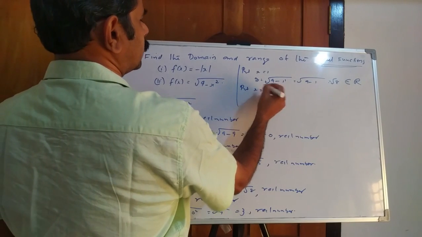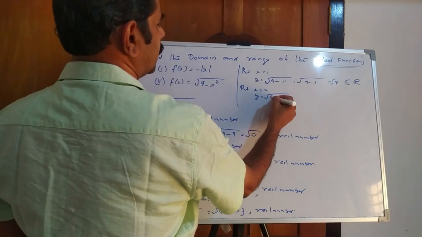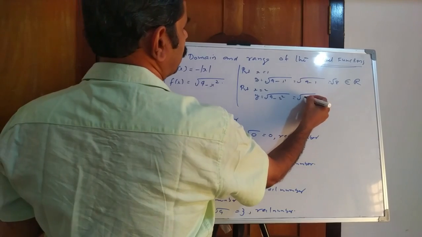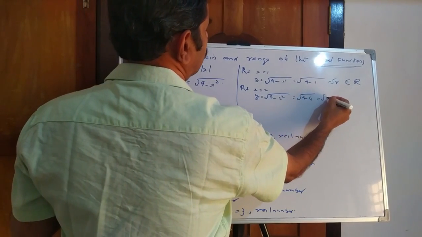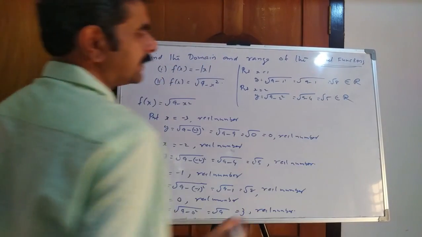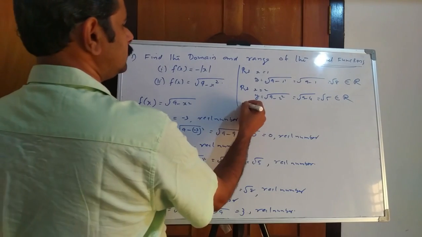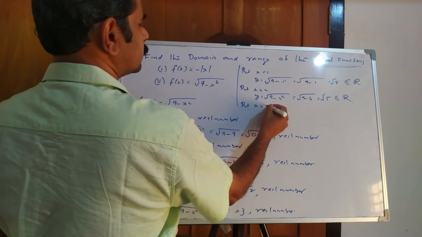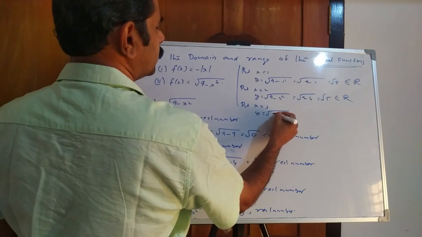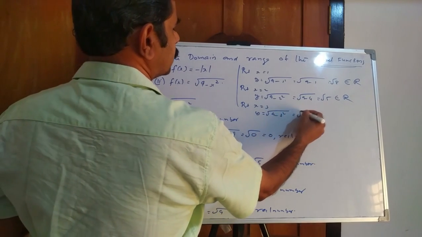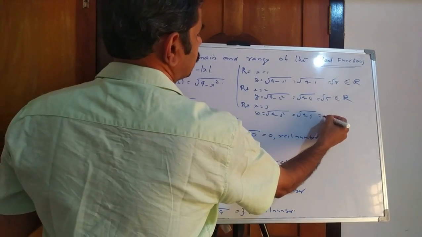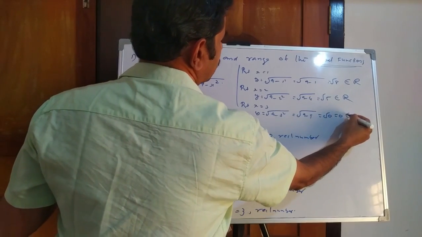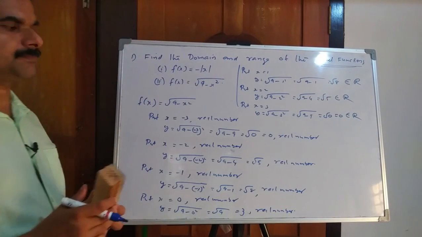Put x is equal to 2, y is equal to root of 9 minus 2 square, root of 9 minus 4, which is root of 5, also a real number, belongs to R. Put x is equal to 3, y is equal to root of 9 minus 3 square, root of 9 minus 9, root of 0 is equal to 0, also a real number.